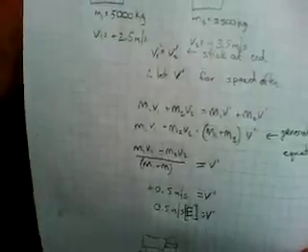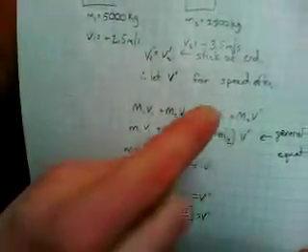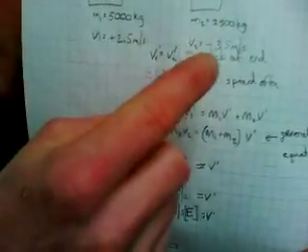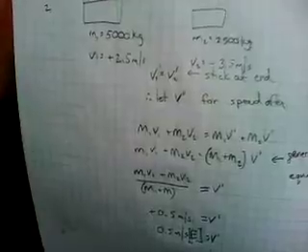Again, make sure your signs represent the appropriate vectors. We've got a little negative sign right there representing the fact that the second vehicle was moving in the opposite direction. So again, make sure that you are using the appropriate signs.